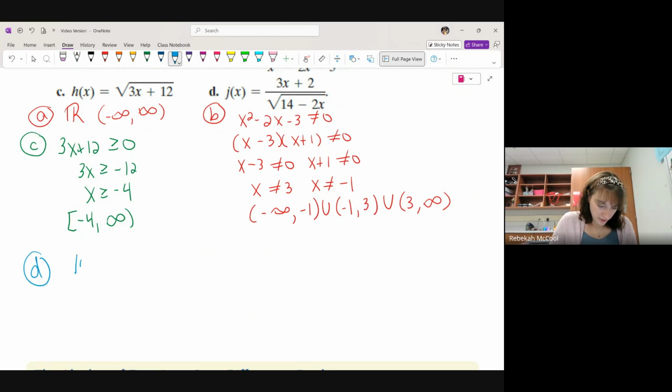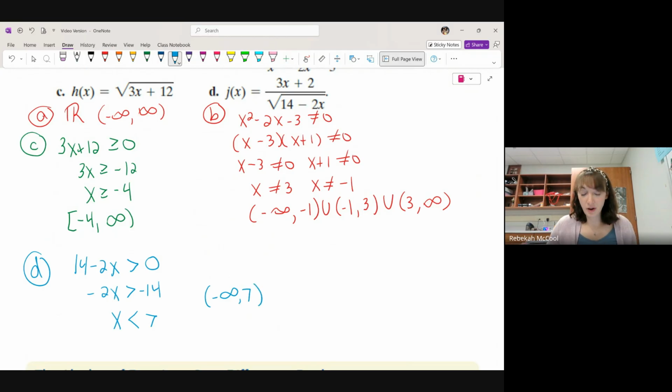So I'm going to take the stuff under the radical, 14 minus 2x, and say it has to be greater than 0. So we cannot include 0 since it's in the denominator. We subtract the 14. And when we divide by 2, we make sure that we flip that inequality. So we get that x is less than 7. So in our interval form, since we're less than 7, our smallest value is negative infinity, and 7 is going to be our biggest value.